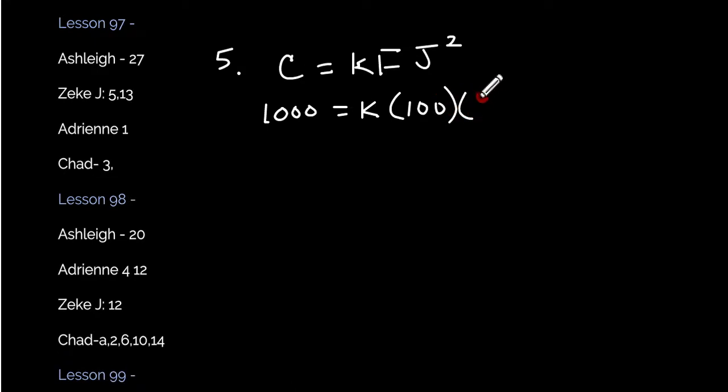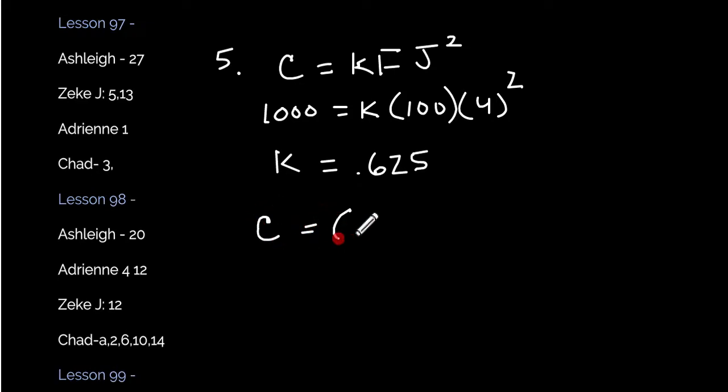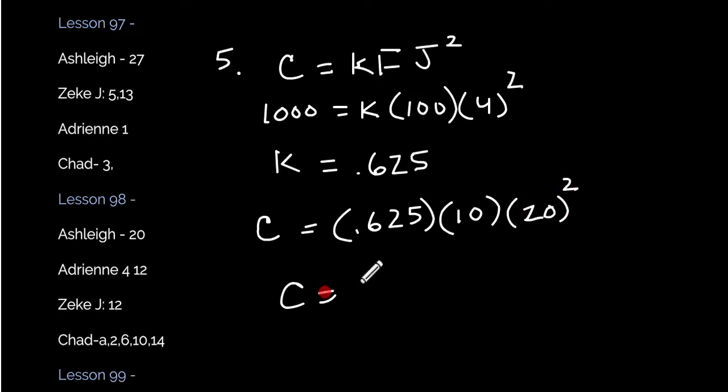The jubilation factor is 4. We solve that for K. We get a really odd number, it's 0.625. And then we go back in and we figure out the cheers is going to be the K, which is 0.625, times the new number of fans, which is 10, and the new jubilation factor, which is 20. And you put that all in your calculator, and your cheers is 2,500.